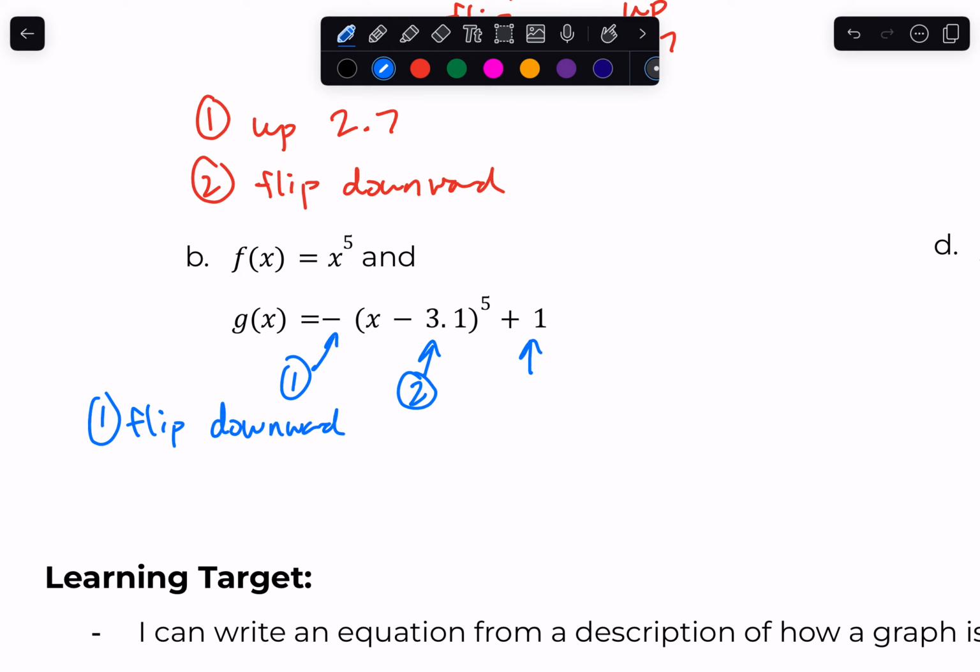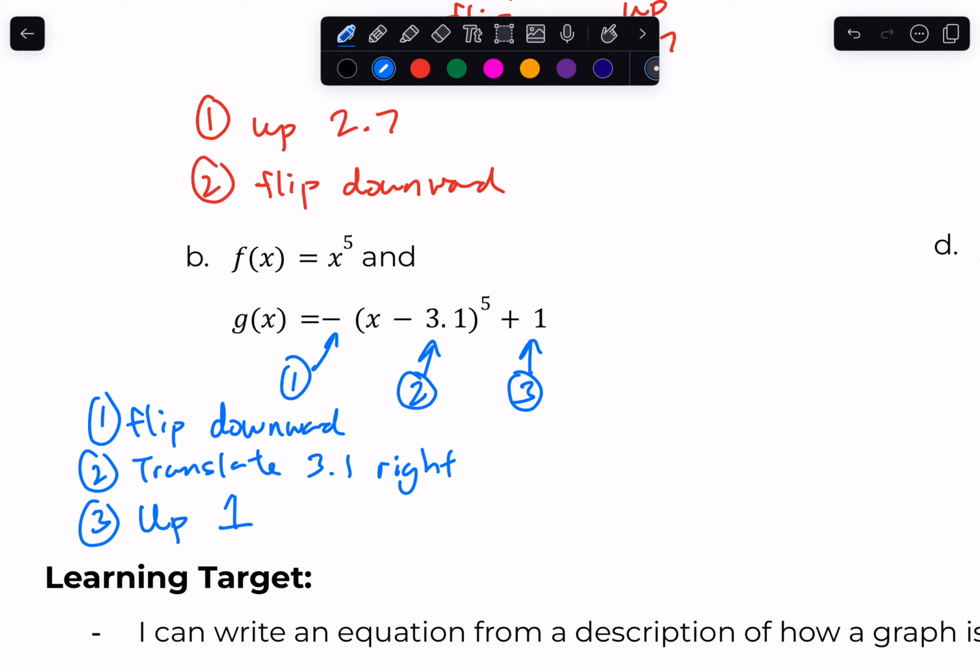So we're talking about left and right movement. In this case, it's negative, so it's going to go to the right. So it's going to translate 3.1 to the right. And then the plus 1 tells me, for number 3, it goes up 1. Translate up 1. That's it.